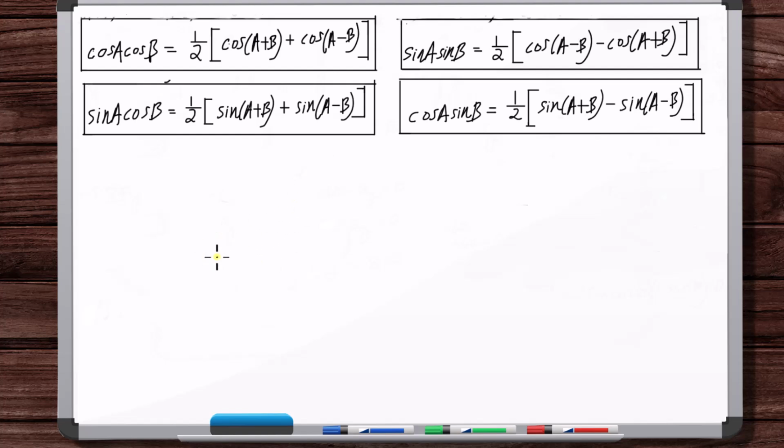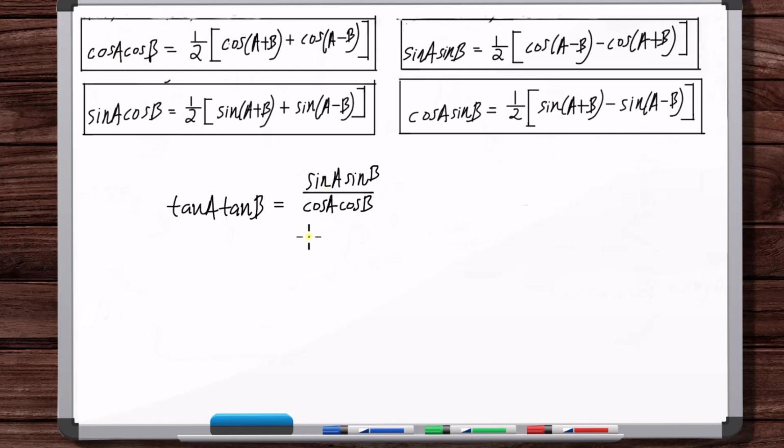Well, okay, if you wanted to get, let's say, tangent of A times tangent of B, well, then you just need to divide sine of A times sine of B by cosine of A times cosine of B, right?